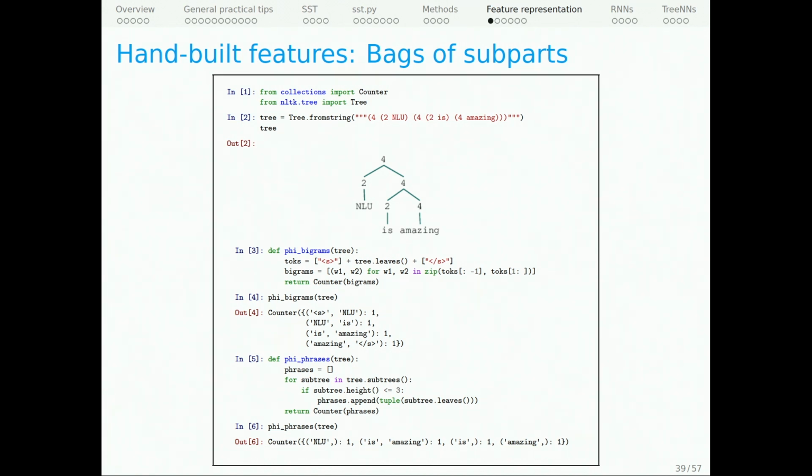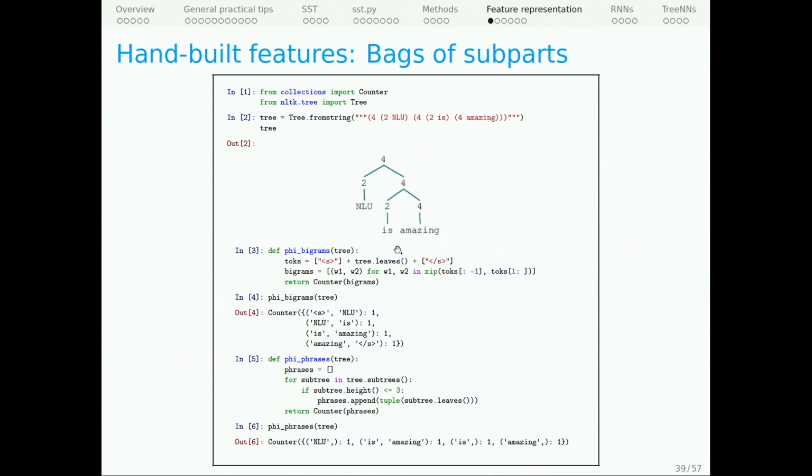On the assumption that it's interesting that 'is amazing' forms a phrase linguistically, but 'NLU and is' does not. And you can see the differences here. So 'NLU and is', for example, is part of the bigrams, but it is not part of this phrasal representation because there's no single parent that dominates 'NLU and is'.